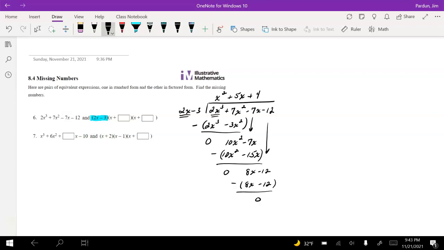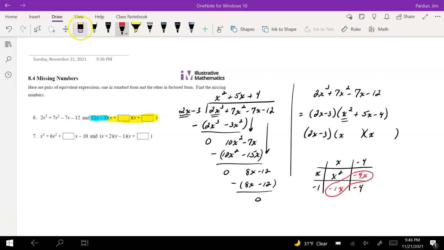Okay, so what did we just find? Well, this is where things get important. What we just found is that the polynomial in standard form, 2x cubed plus 7x squared minus 7x minus 12, can now be written as 2x minus 3 times x squared plus 5x minus 4.